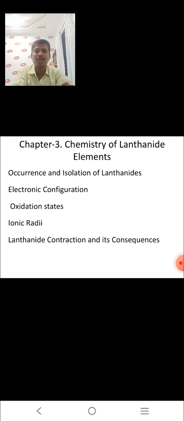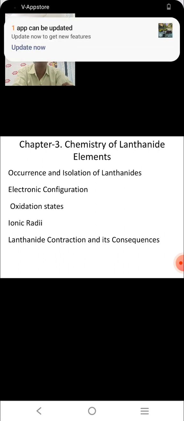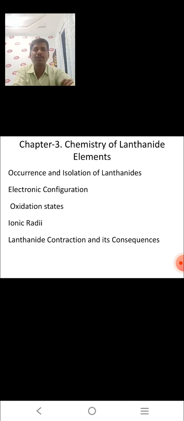Under this heading, occurrence and isolation of the lanthanides: how they occur and how we can isolate these lanthanide elements, particularly from ores coming from the earth's crust. After that, we will discuss the electronic configuration of the lanthanide series elements.